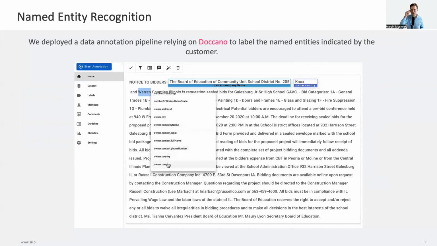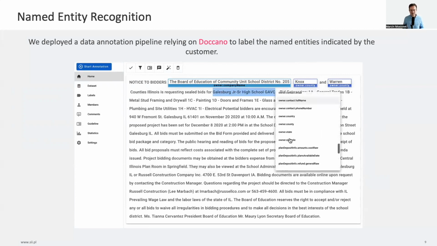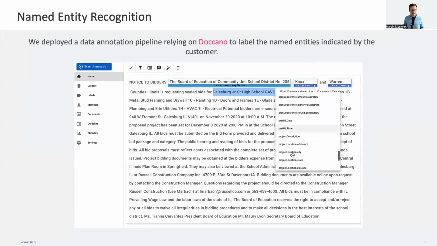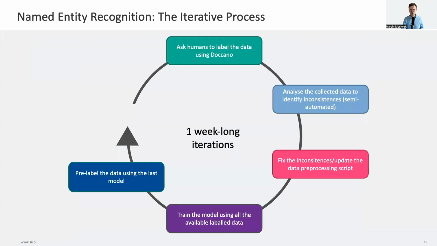So we worked with a dedicated annotation team of 3 persons that were supported by a subject matter expert. And the team was asked to label the named entities identified by Dodge as important. We took an iterative approach to collect the data.